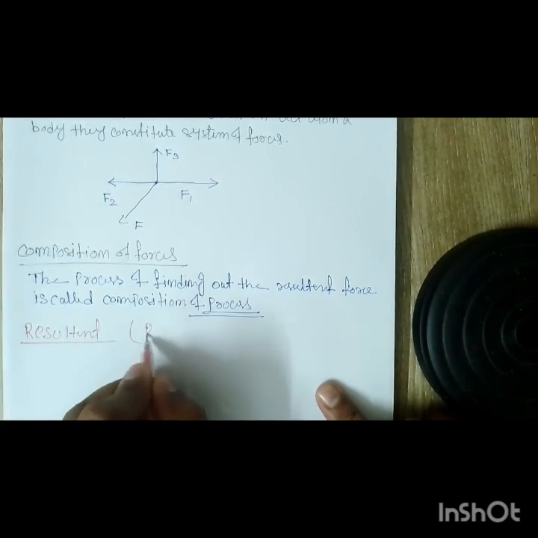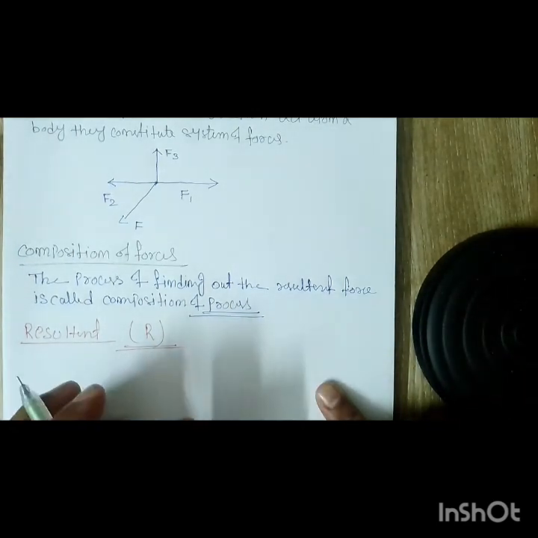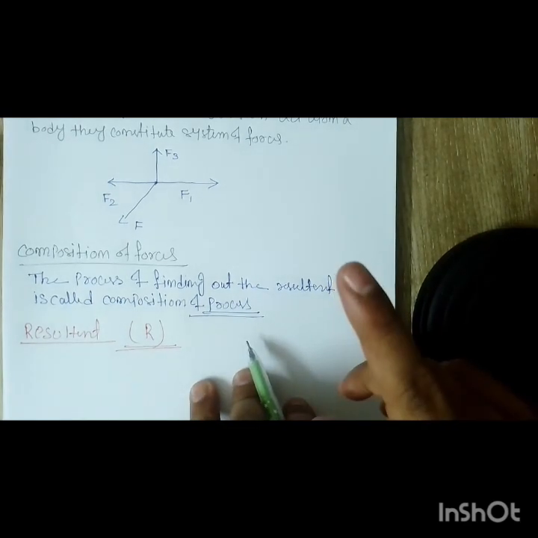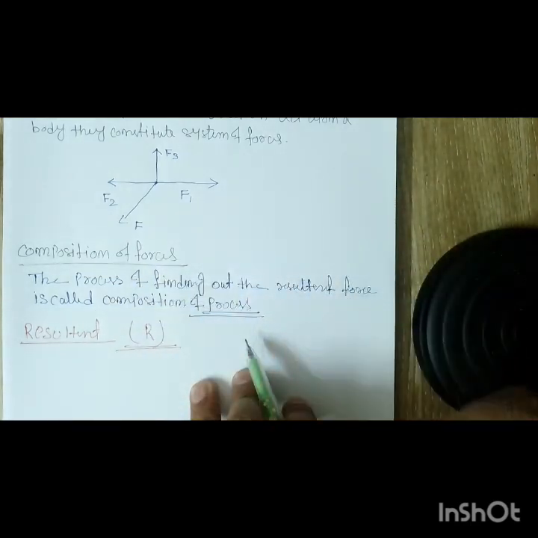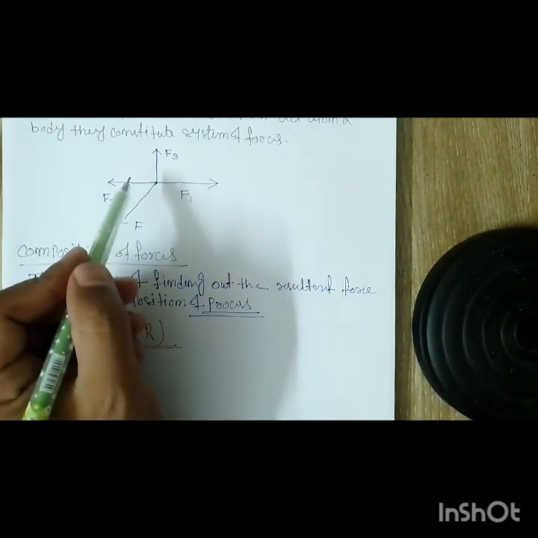We can denote the resultant by R. So first, how to get the resultant. The resultant is nothing but a single force which will have the same effect as that of the number of forces acting on a body. Let's take the example of the system of forces we have taken.